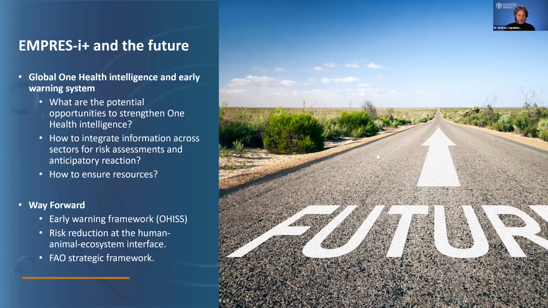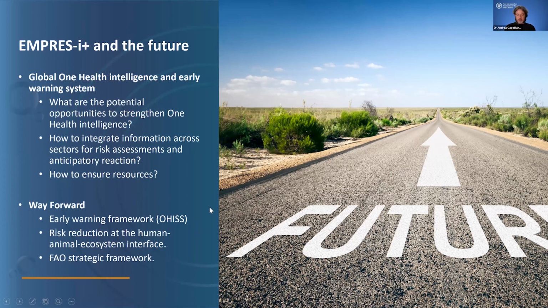Of course, there are many challenges still in how to integrate information across sectors, especially to develop immediate real-time risk assessments, as well as to implement anticipatory reaction. And the biggest challenge that everybody is facing is how to ensure resources for all these activities.